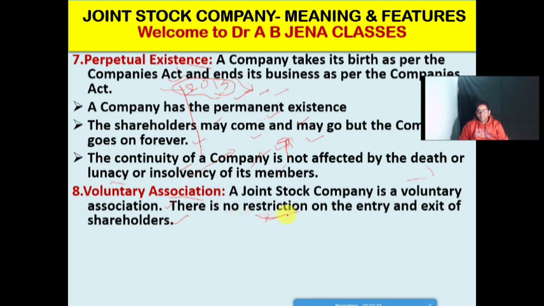Suppose you are interested to purchase shares, I mean to make an entry in the joint stock company, there are no restrictions. After entry, suppose you feel so, you can exit from the company, I mean you will sell your shares. That's why the company is a voluntary association.